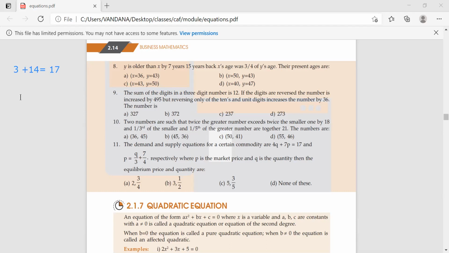So Q, if I take it is 3/4, so it will become 1/4 plus 7/4. It is equal to 8/4, that is 2. And if we put 2 here, see, you can solve it this way, that they should be equal.